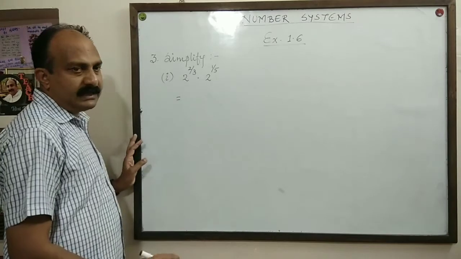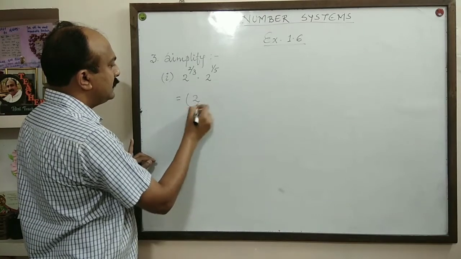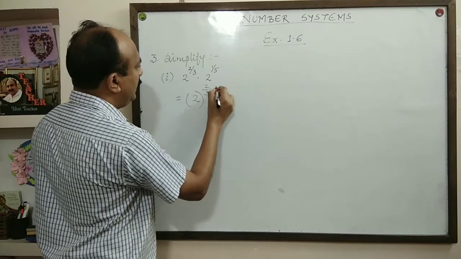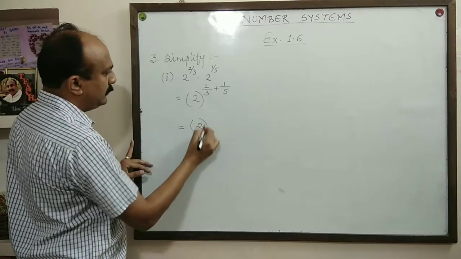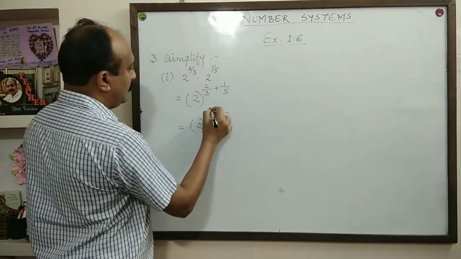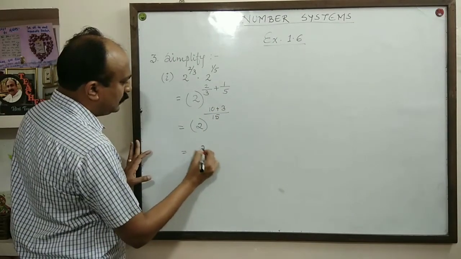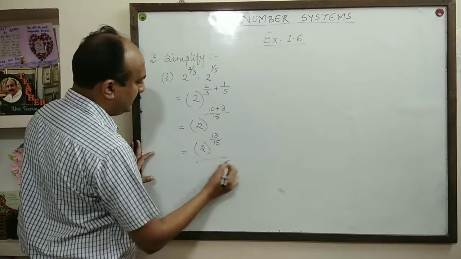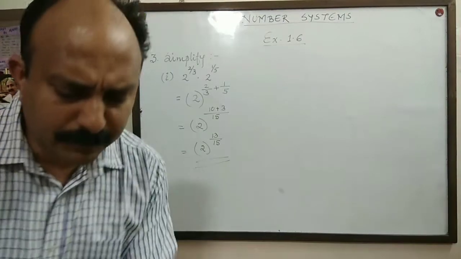Since the bases are same, and to multiply means powers are to be added. 2 power 2 upon 3 plus 1 upon 5 is equal to 2 power, LCM of 3 and 5 is 15, 5 into 2 is 10 plus 3, is equal to 2 power 13 upon 15. It cannot be further simplified, so the answer is 2 power 13 upon 15.